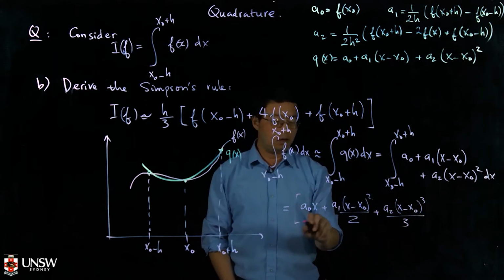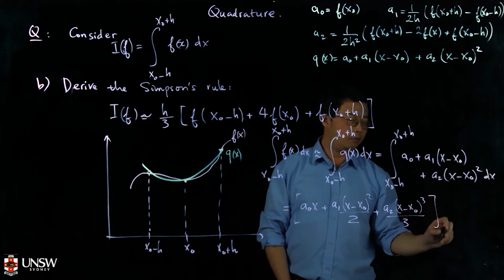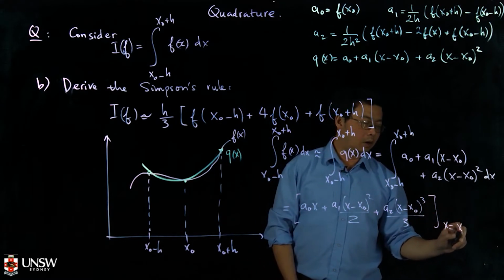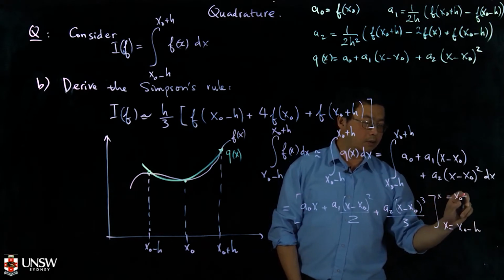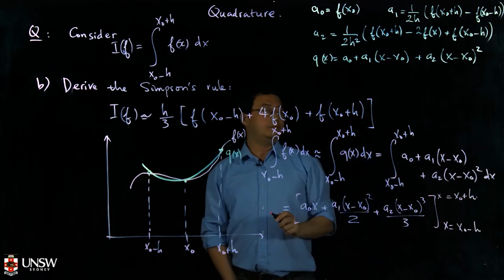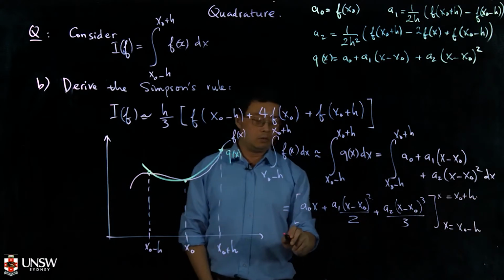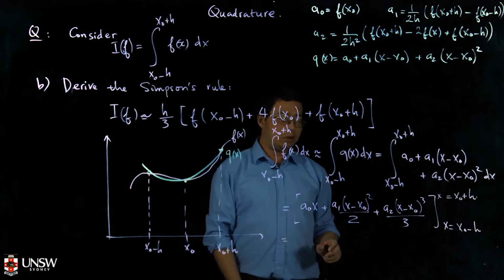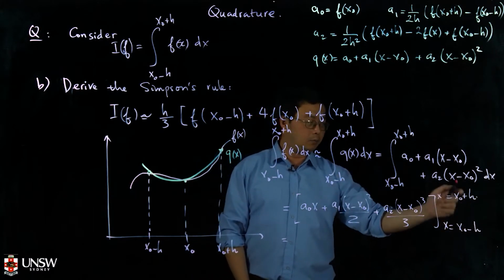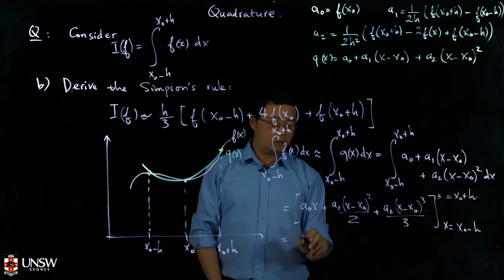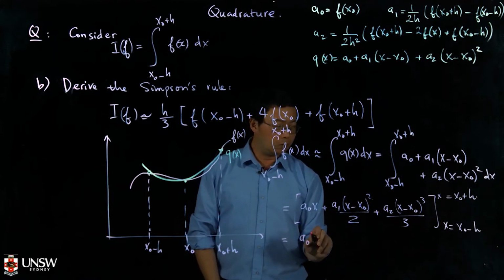And everything you have to evaluate from x equals x0 minus h to x equals x0 plus h. Okay. And now we just put it in. So the difference here is 2h. So you got a0 times 2h.